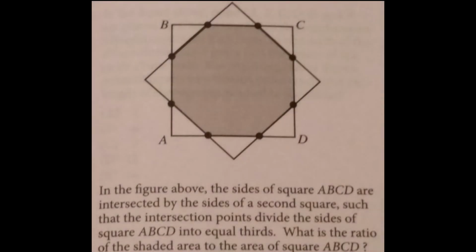In the figure above, the sides of square ABCD are intersected by the sides of a second square, such that the intersection points divide the sides of square ABCD into equal thirds. What is the ratio of the shaded area to the area of square ABCD?